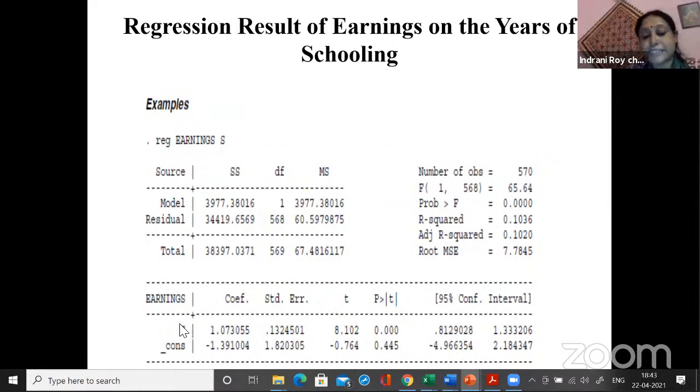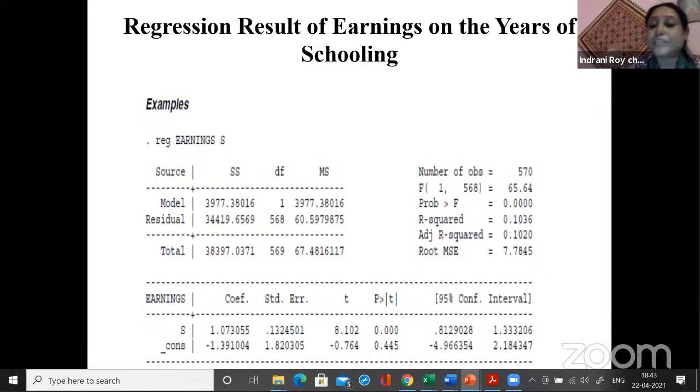Because if your regression results are not statistically significant, even though you spent time and developed your model and want to discuss your result, those results are not validated. Okay, so these results are not valid because they are not statistically significant.